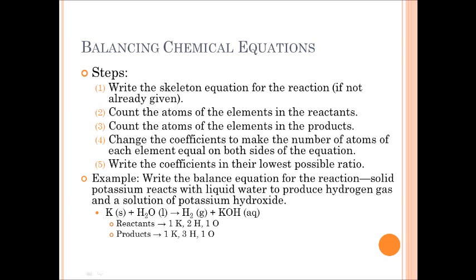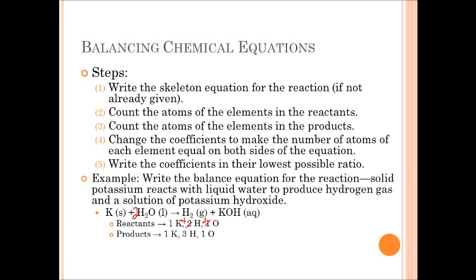Okay? Well, let's think about this for a second. We need to get our hydrogens equal to one another. Well, in the product, they're separate, so we don't necessarily have to have a common multiple between the two. We can, however, multiply our one in the reactant by a number, and that will increase. So let's just try 2. If we put a 2 in front of that, that would change this to 4 and this to 2.